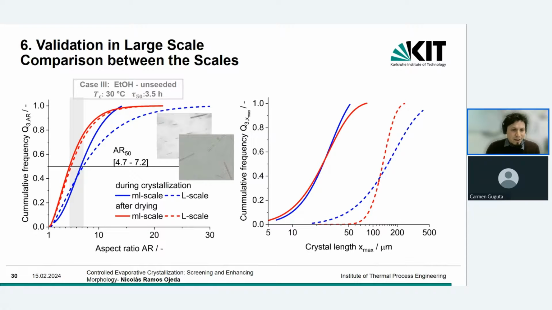The crystal length at the liter scale after the filtration and drying is much longer in comparison to the milliliter scale. So we believe this suggests that the large volume of the liter scale crystallizer reduces the likelihood of crystal breakage compared with the milliliter scale, and that might explain this difference.